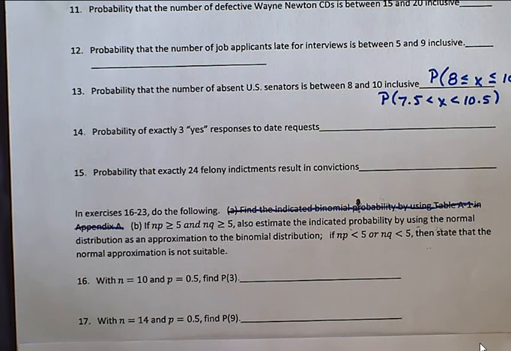So you're plugging those things into your z formula. So 8.5 minus 7 divided by the standard deviation.